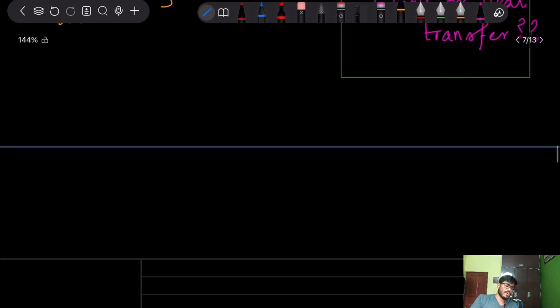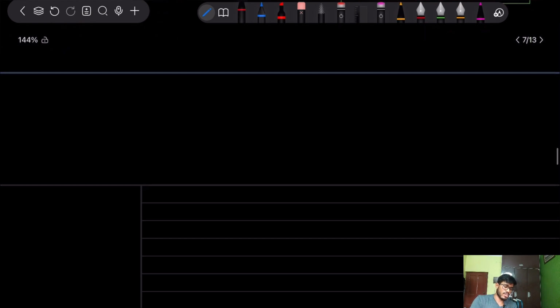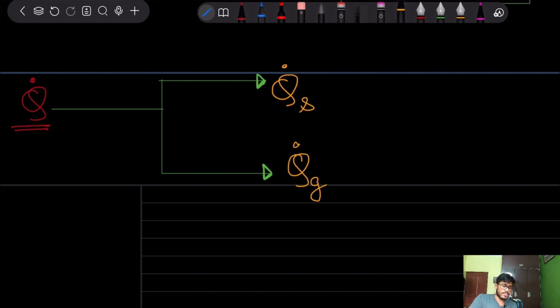So now let us quantify mathematically the heat transfer. The q dot will have two parts: one is q dot s, another is q dot g.